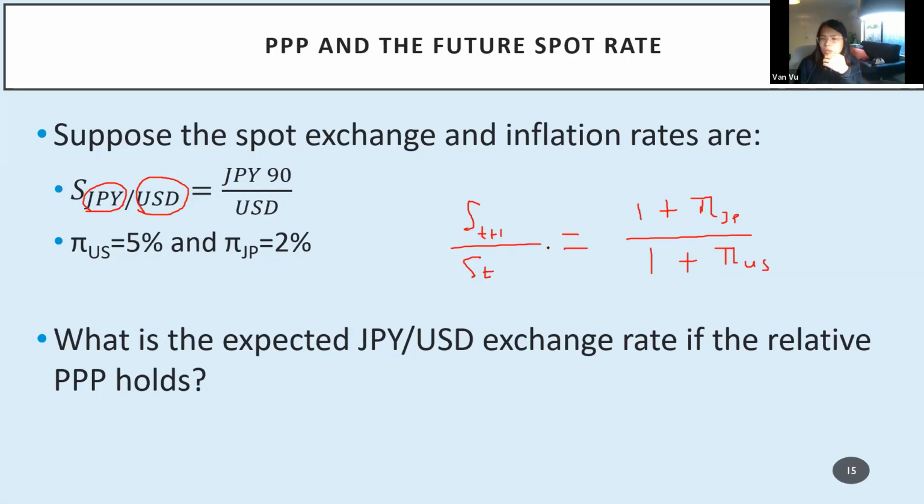As a result, if I want to find the value of the future spot exchange rate, I'm going to rearrange this equation, put the correct numbers into the correct places, and find out the value of the spot exchange rate in the future. So the PPP gives you one more indication to estimate exchange rates.